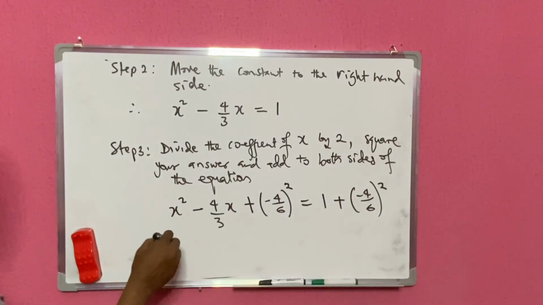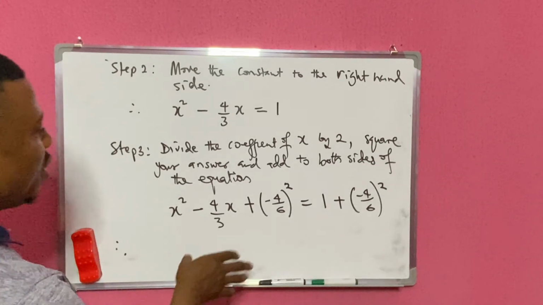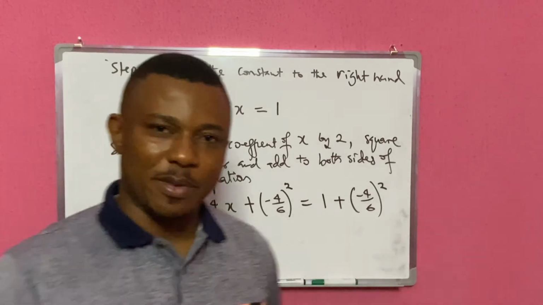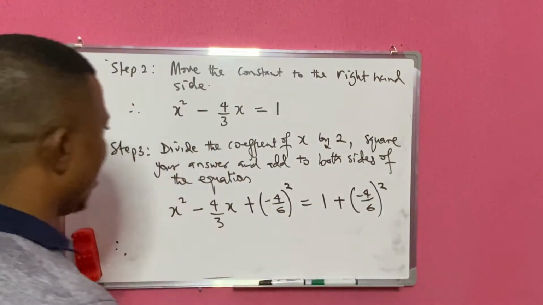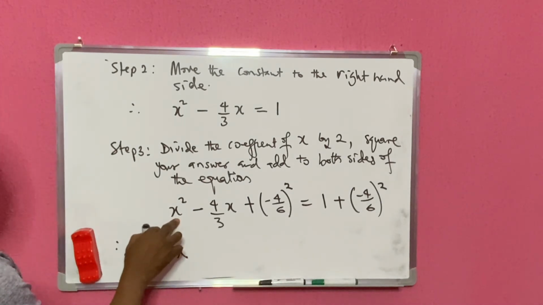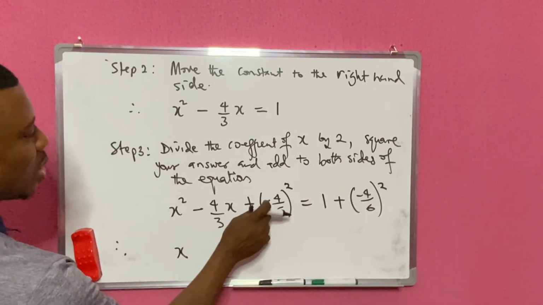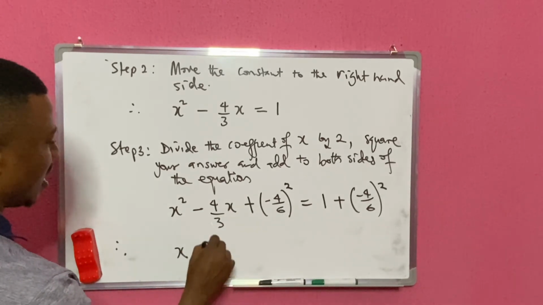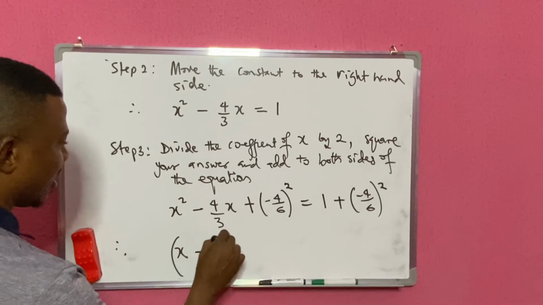Now, mathematically, when you have something like this, it is subject to verification by you. Pick the x, then pick what you have here, minus 4 over 6, then square everything.